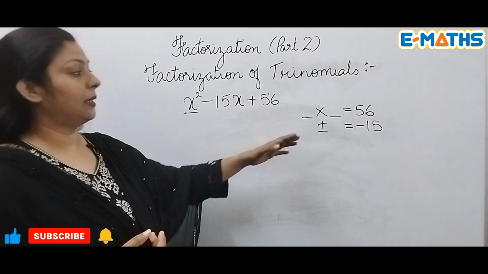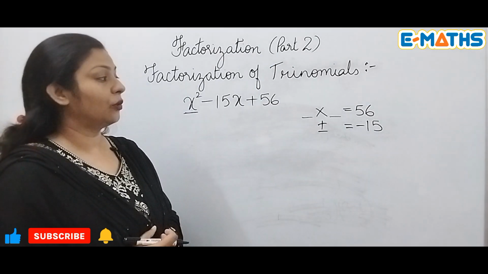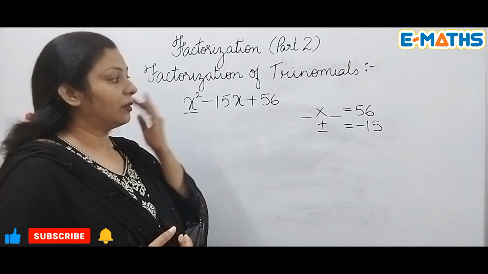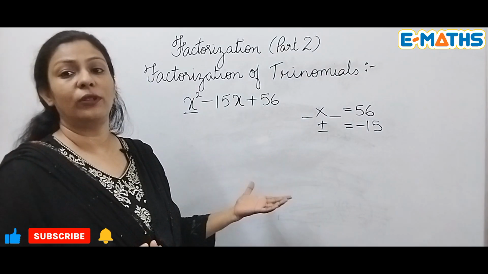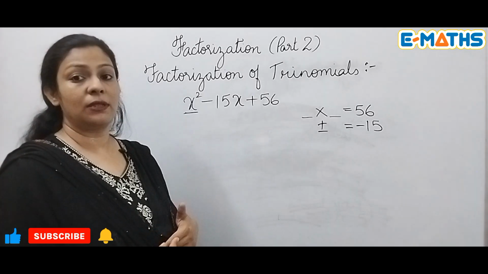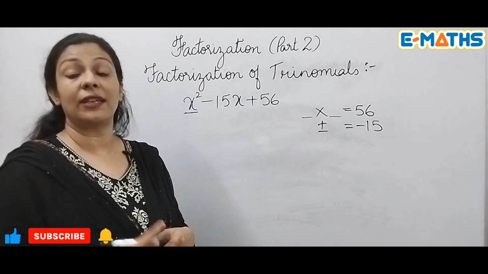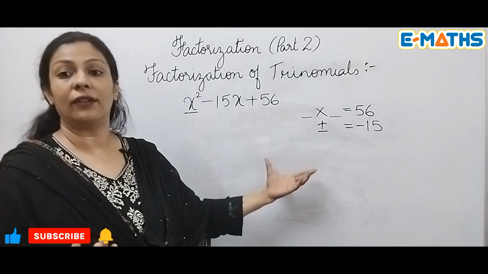Then 4 you can take, but 4 14s are 56. Again if you add or subtract it you will not get a 15 there. 5 is not possible, 6 is not possible, 7 you can try, 7 8s are 56, and if you add 7 and 8 you will get a 15.